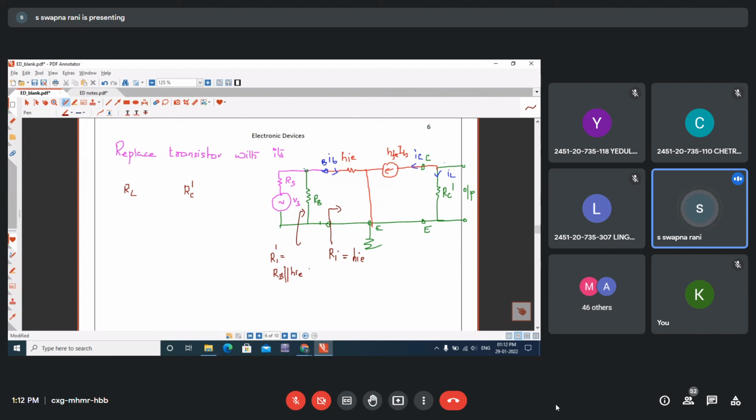This is Ri dash. ఇక్కడి నుంచి చూస్తే టోటల్ ఇన్పుట్ ఇంపిడెన్స్ ఏమని రాయొచ్చు? Ri double dash, I can write it as Rs plus Ri dash. You can write it.